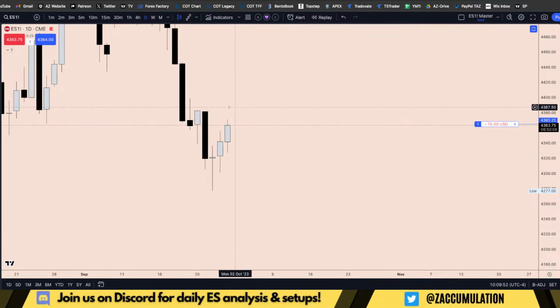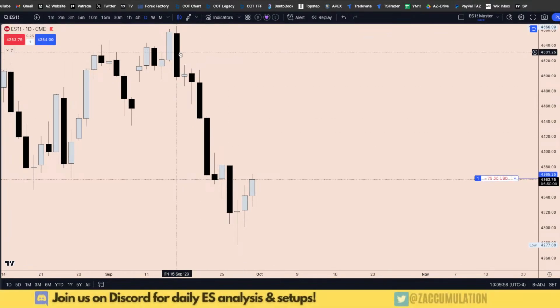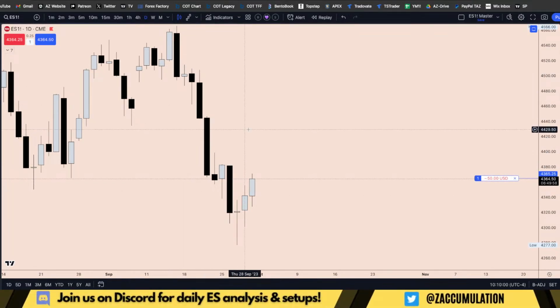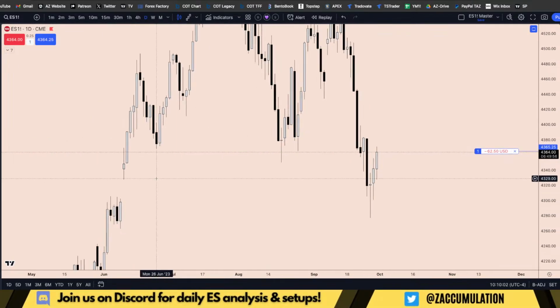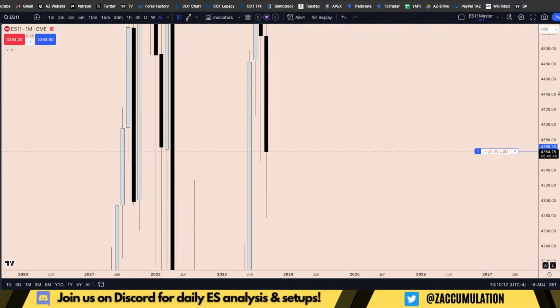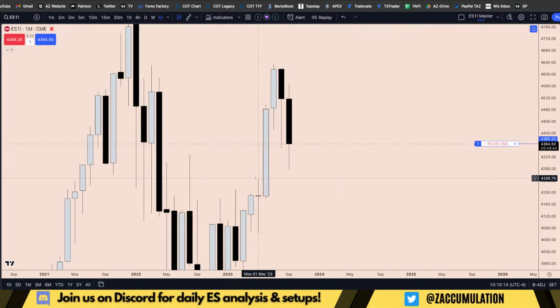So yeah, based on the daily, we have an order block right here, bearish order block, this up closing candle in this row of down closing candles. We're at the end of the quarter, keep that in mind. So today's close is going to be pretty impactful. It's the close of the monthly candle. If we check out the monthly, look what we have right here.